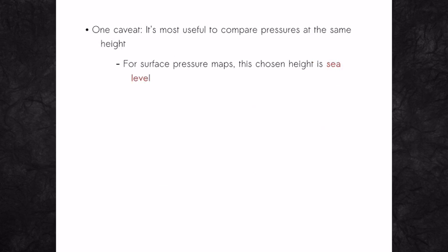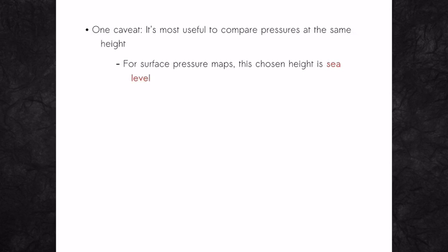Now, let's get back to this caveat that I mentioned at the beginning, which is that, in fact, when we're looking at surface pressure maps, we're not actually looking at values at the ground. We're not looking at the exact data that's measured at those stations on the ground. And the reason for that is, when you're comparing pressure at different locations, you always want to be comparing pressure at the same height.